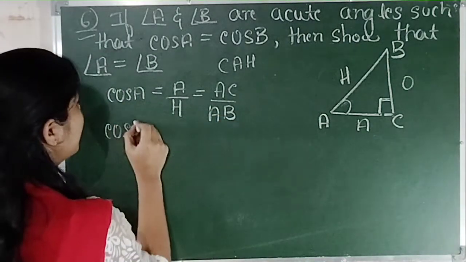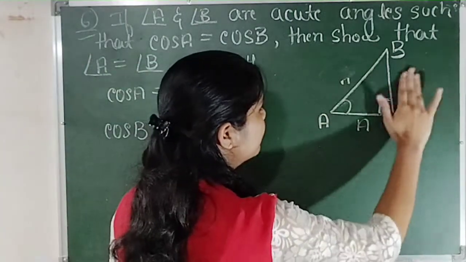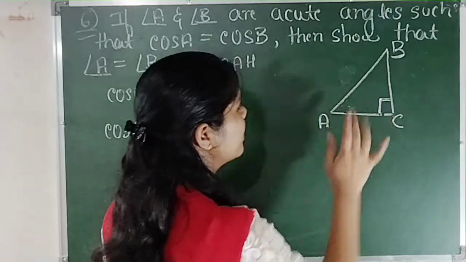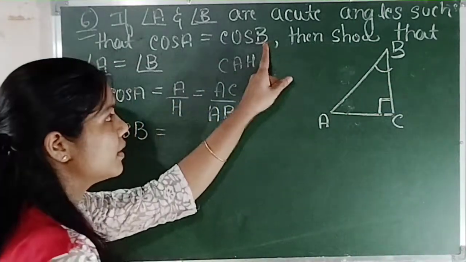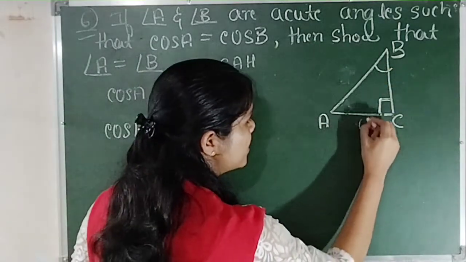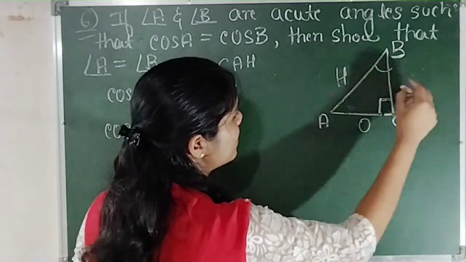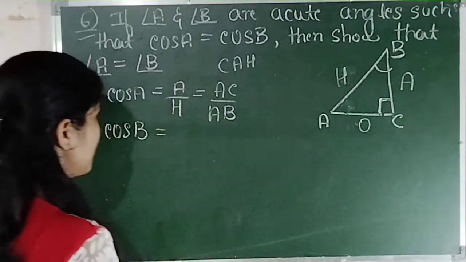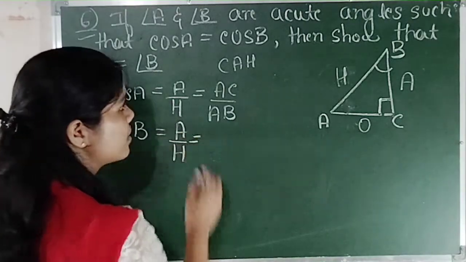Now next find cos B. Now if I consider the angle is present at B, then the side opposite to the angle is the opposite side. The side opposite to 90 degree is the hypotenuse and this is the adjacent. So now cos B is equal to adjacent by hypotenuse.